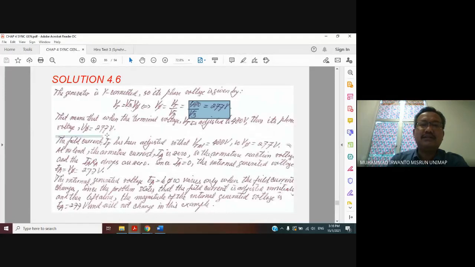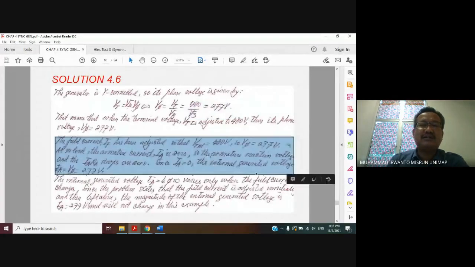Okay, and then remember, if the generator is not connected to the load, meaning the generator is open circuit, there is no current flowing through the armature resistance, and also no current flowing through the synchronous reactance. This means the phase voltage is equal to the internal generated voltage.